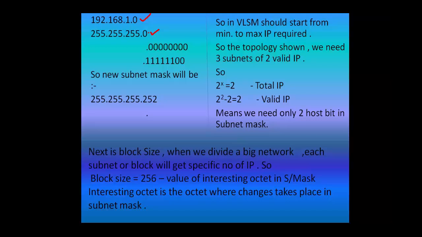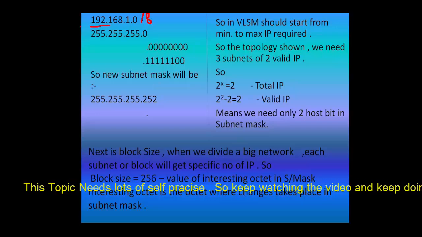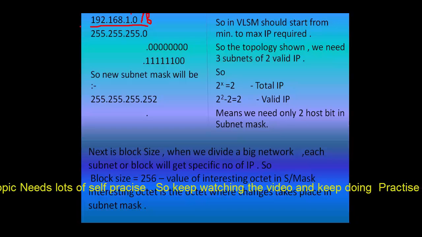So either we can represent the subnet mask like this, or we can write it like this also, /8. Normally if anybody works on a router, the router always represents an IP with the subnet mask like this.